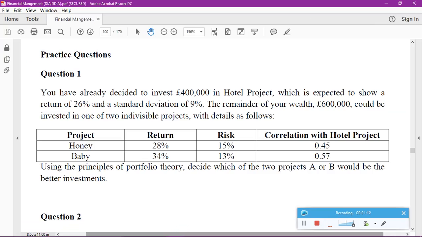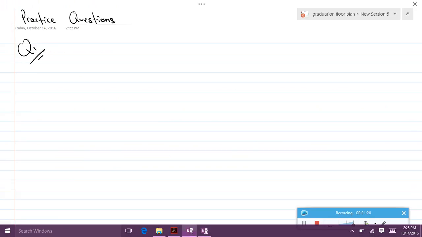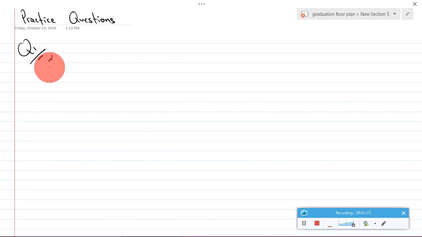Now, what is your total investment? You take 400,000 plus 600,000. You get 1 million, correct? That is the total investment.